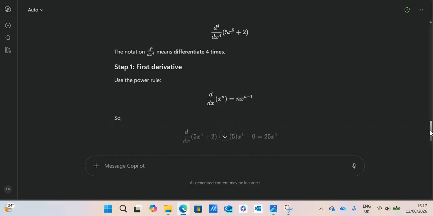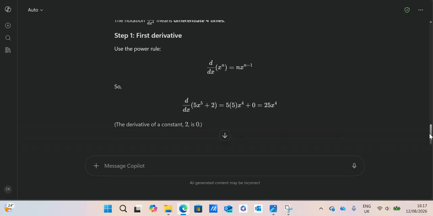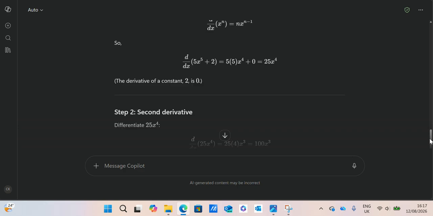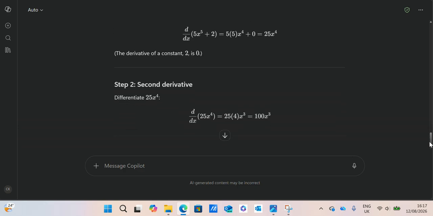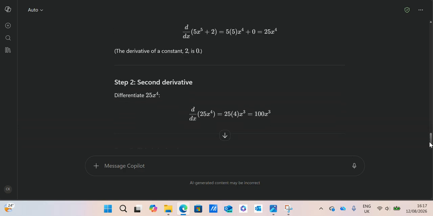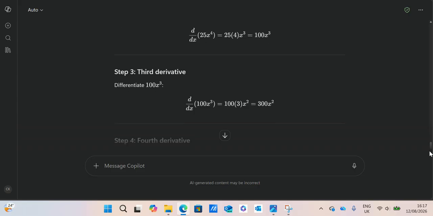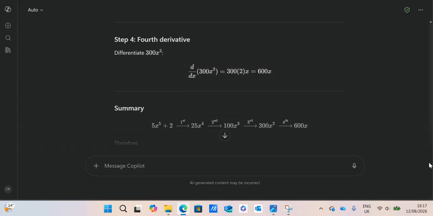First derivative is power rule. Comes out 25x. Okay. So it is just working its way down.